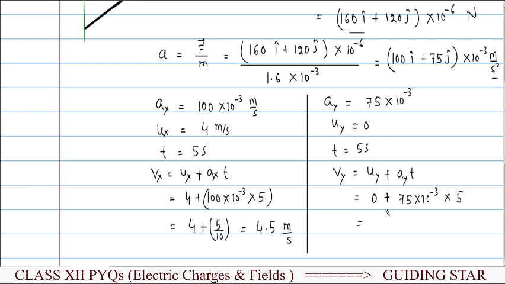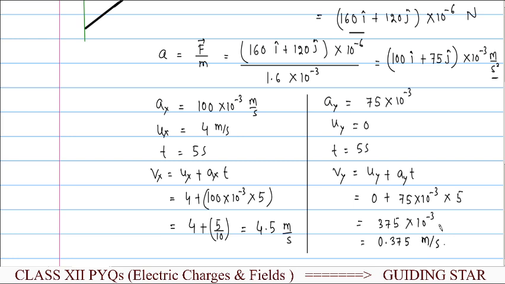So it will be 375 into 10 to the power minus 3, that is approximately 0.375 meter per second.